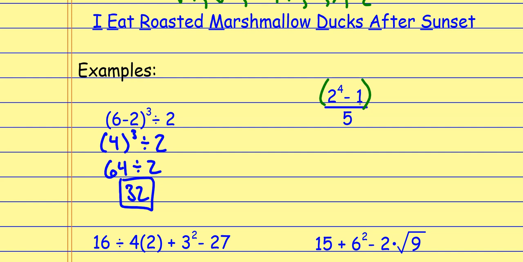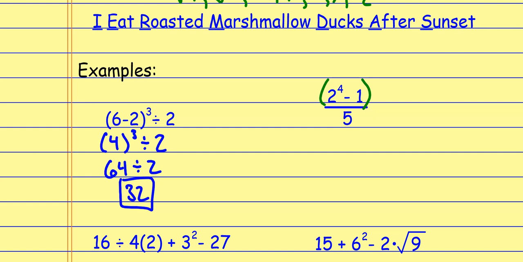And anytime I have an operation happening to an entire group of stuff, there are grouping symbols, there are inclusion symbols around that thing, okay? So watch out for those implied parentheses. Anytime an operation is happening to a bunch of stuff, it implies parentheses, okay? Other great examples would be like if I had the square root of like 3 plus 5. Notice that square root's happening to the entire 3 plus 5, so it's implied that there are parentheses there, okay? Anytime an operation is happening to more than one thing, those things are in parentheses, okay?